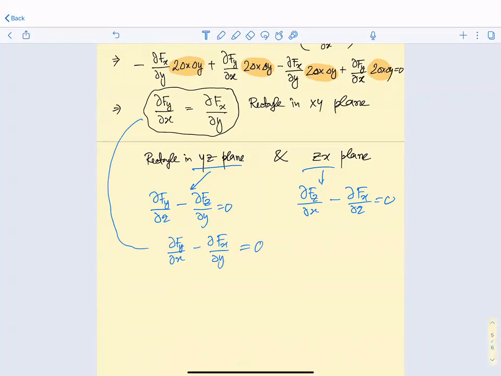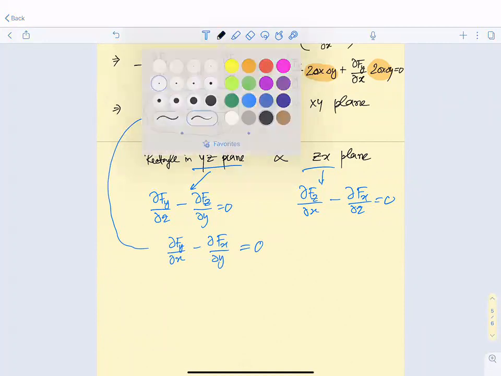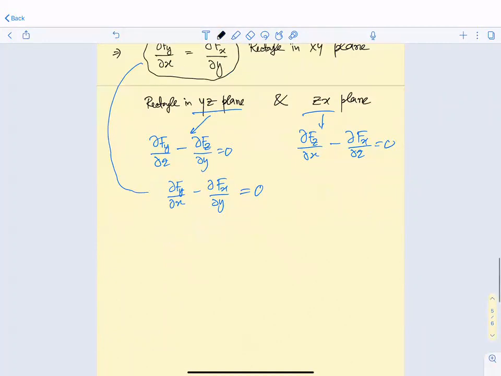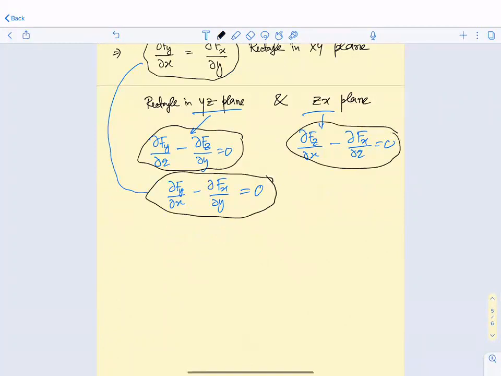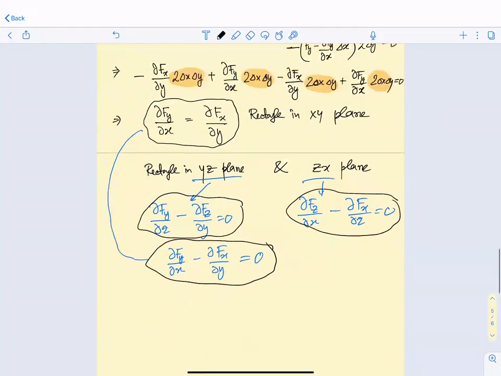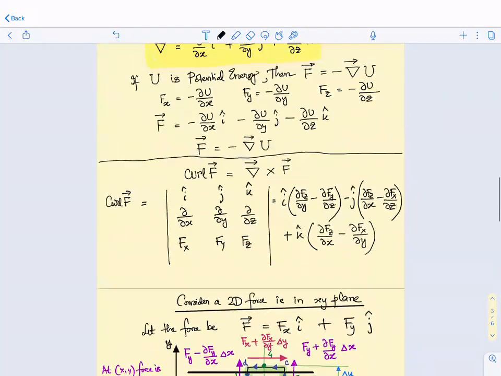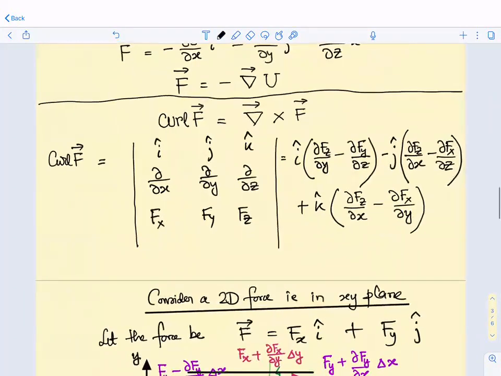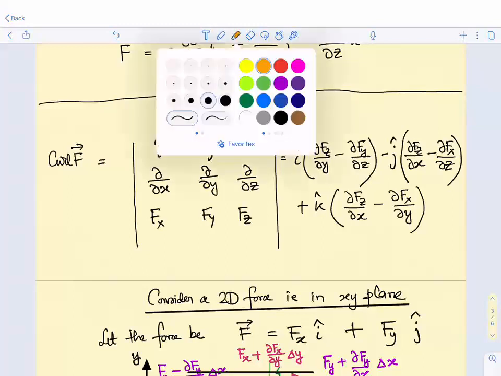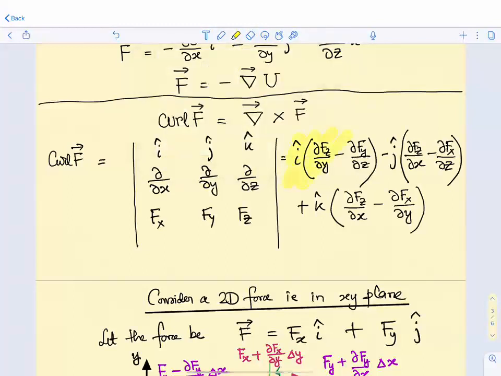So therefore all the three things combined, you get only one equation, that is curl f is equal to 0. So for a conservative force, curl f is equal to 0.